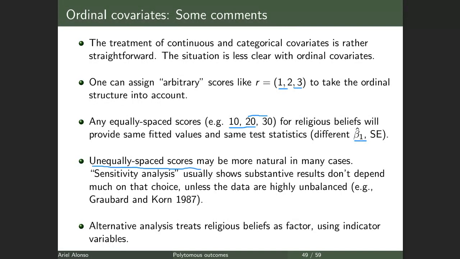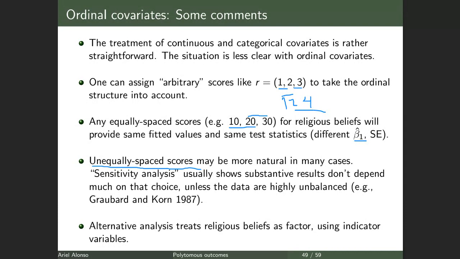So instead of 1, 2, 3, you may consider, I don't know, 1, 2, and 4, because the distance between a moderate and a fundamentalist is smaller than the distance between a moderate and a liberal. In that case, the results may change. It's not like before, where it did not depend on the scores. If you consider different scores, you may get different results.